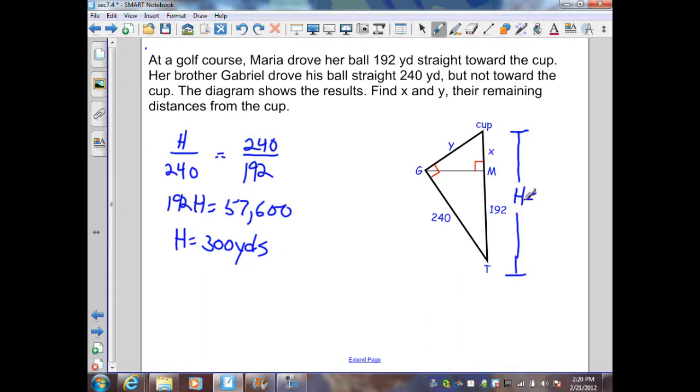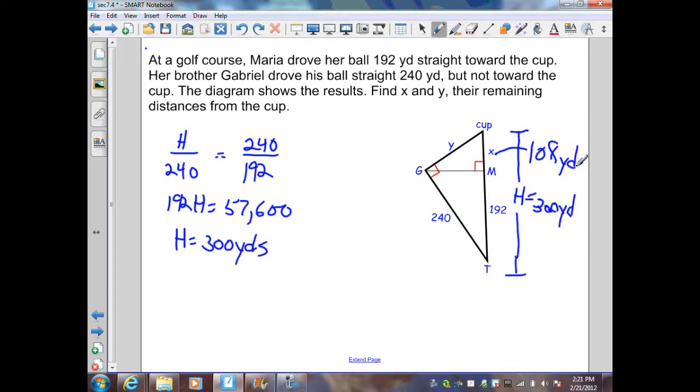Now, h is 300 yards from that previous proportion. And now I can solve for x by just subtracting 192 from 300 yards. And when I do that, x is going to be 108 yards.